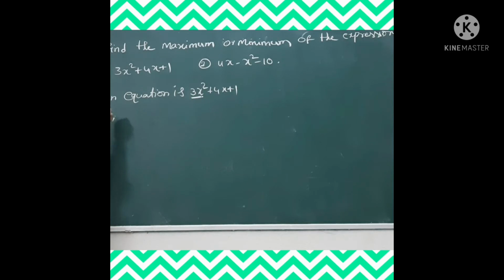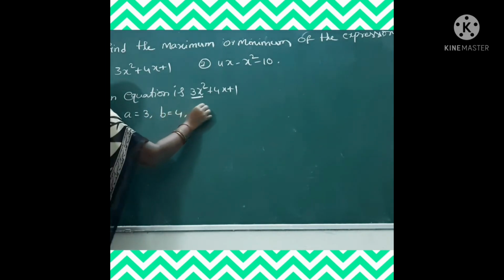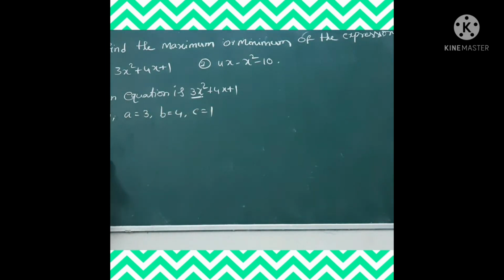Okay, see here a greater than 0, means here a is equal to 3 and b is equal to 4 and c is equal to 1. Okay, what is the minimum?